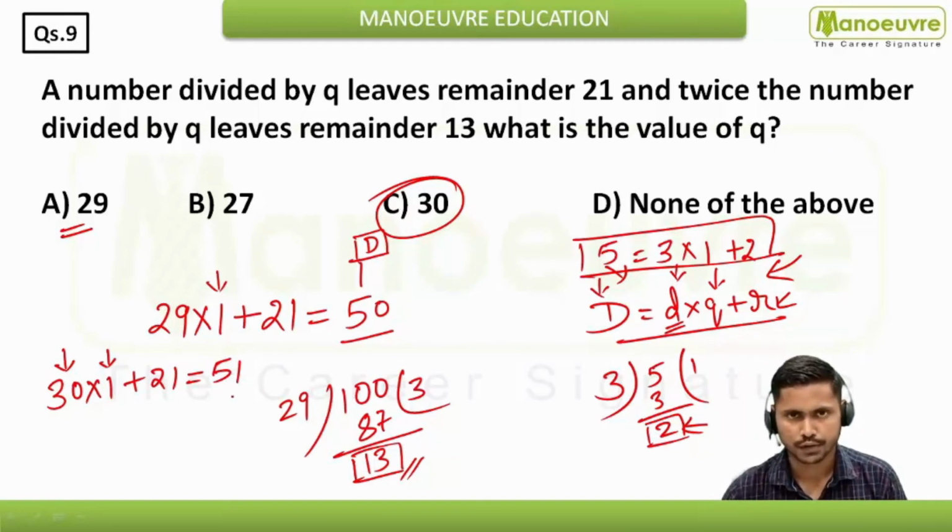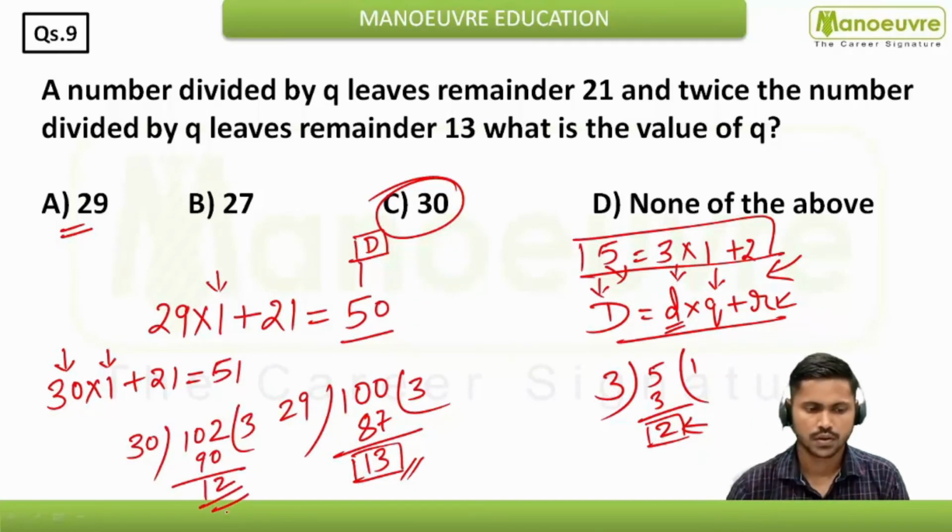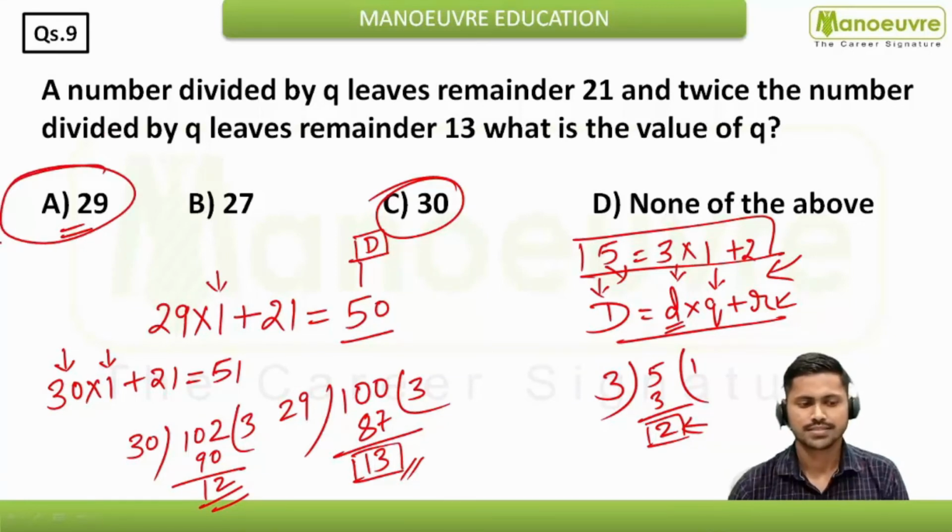Twice of this 51 gives 102. Now you have to divide this 102 by 30 and you will not get 13 as your remainder, because 30 threes are 90 and the remainder is nothing but 12.